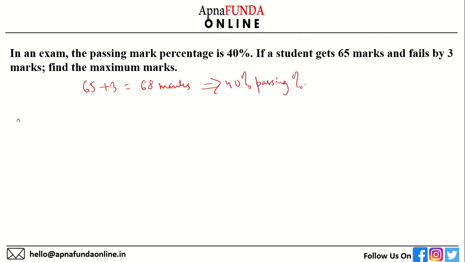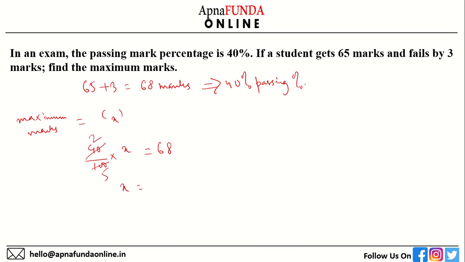So let the maximum marks be X. 40% of X, that is the passing percentage of 40 of the maximum marks X, is equal to 68, right? 40% is 2 by 5.